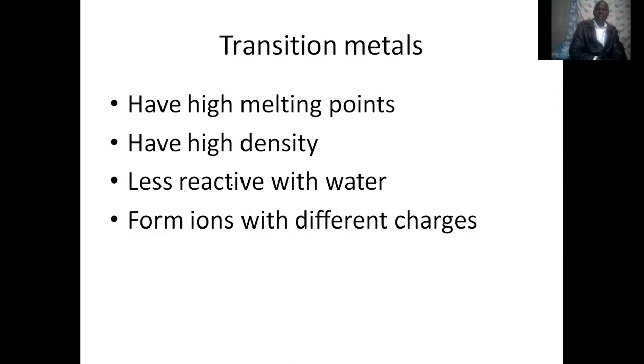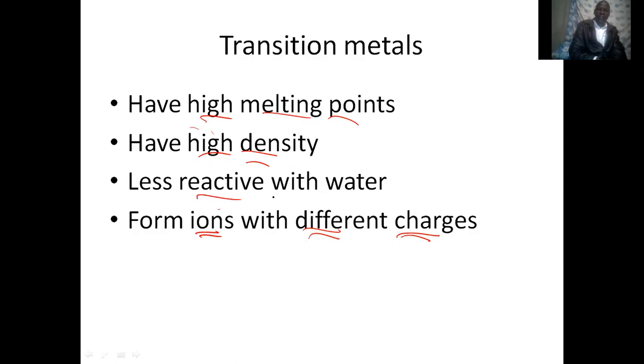Mainly, they have variable valencies, meaning some of them can have 1 or 2 depending on their reactions. They have high melting points compared to group 1, the alkali metals. They also have high density compared to group 1 elements.